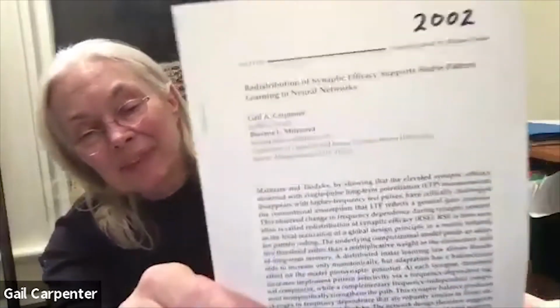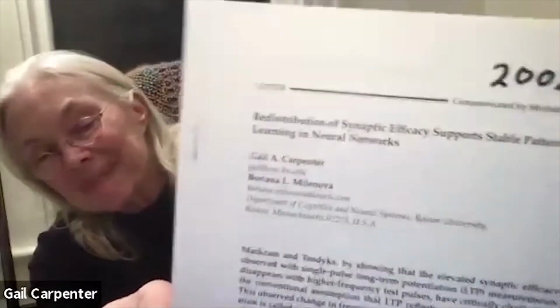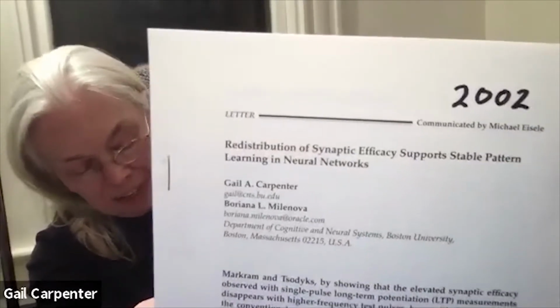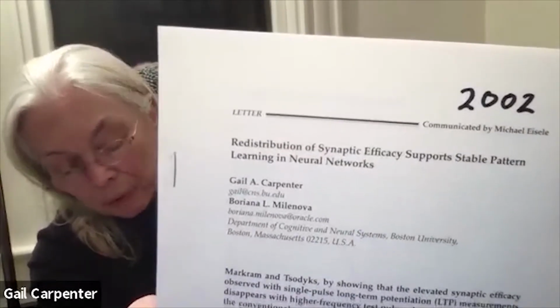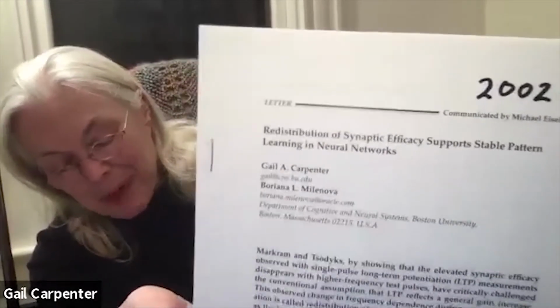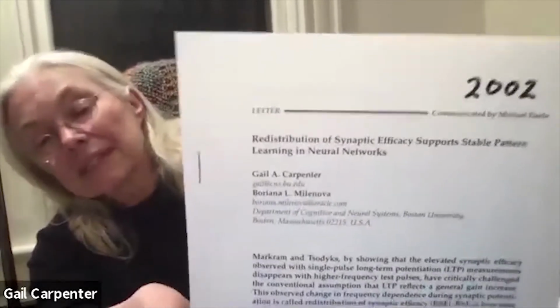And it produced a paper by Markram and Sadikot. Here is a paper, another one with my student Boriana that I mentioned before, Redistribution of synaptic efficacy supports stable pattern learning in neural networks.